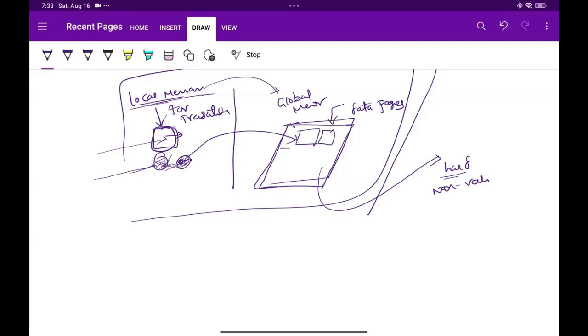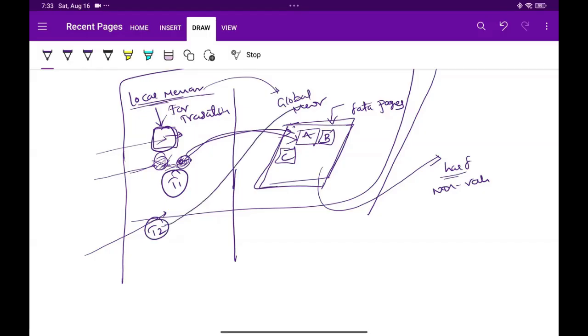Assume transaction 1 modifies three pages: A, B, C. After that transaction 2 occurs, modifying two pages, B and D, and transaction 2 is completed.